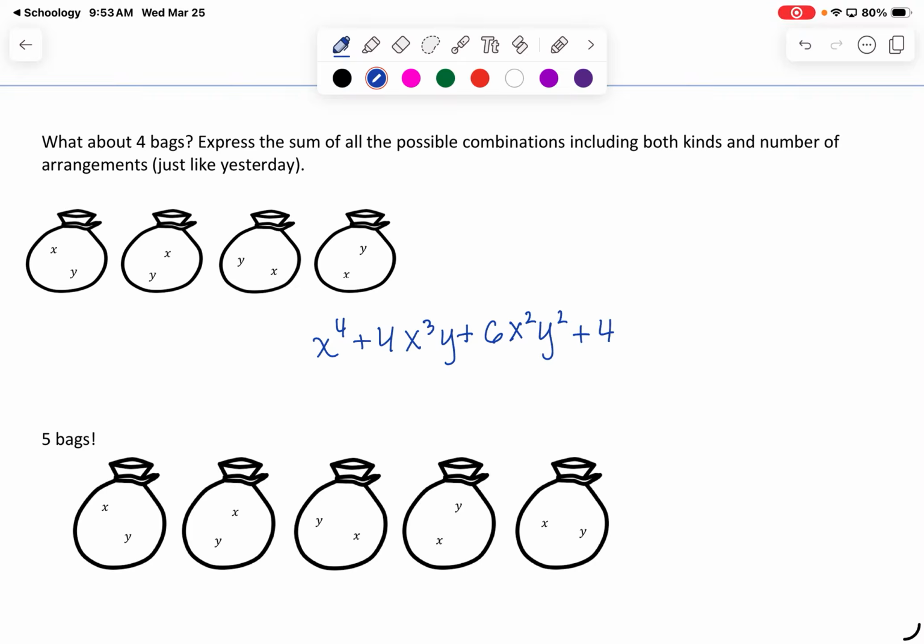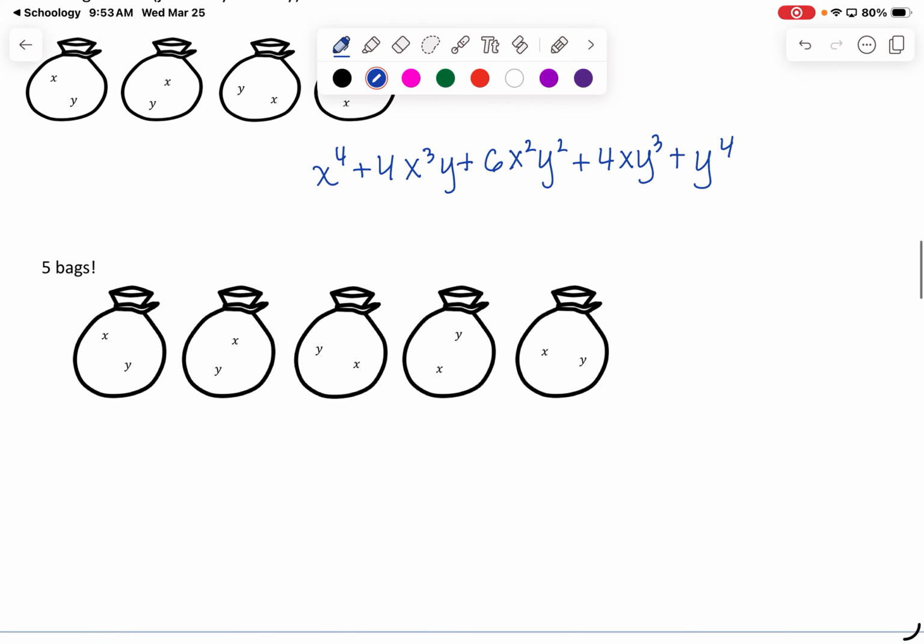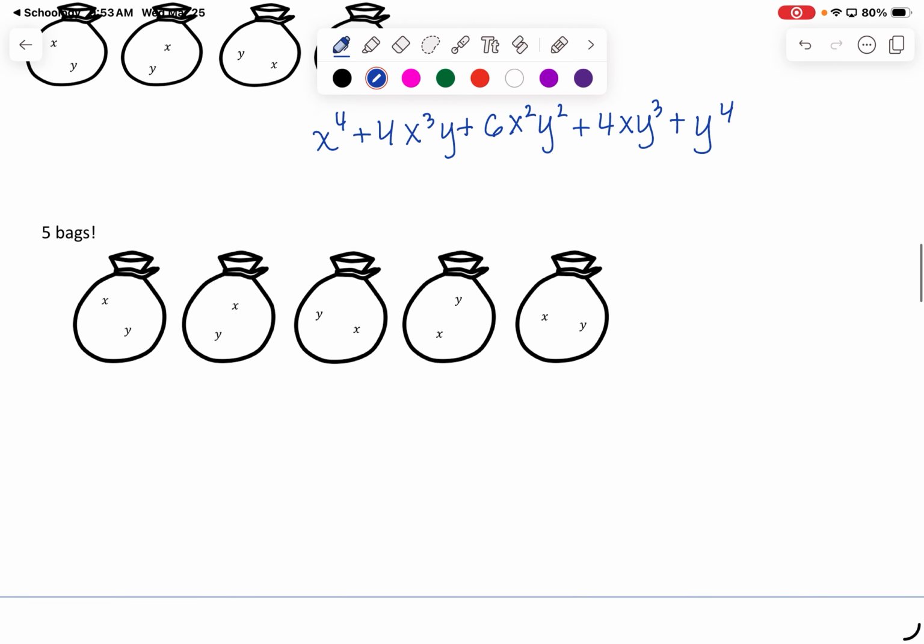There were 4 ways of getting an x and 3 y's. And there was 1 way of getting y 4 times.